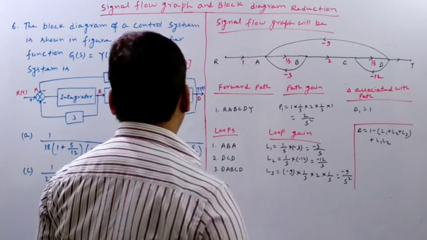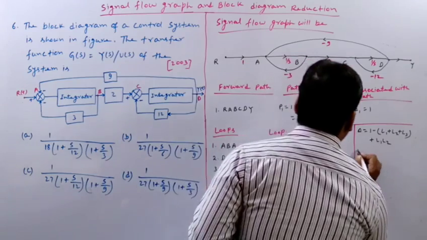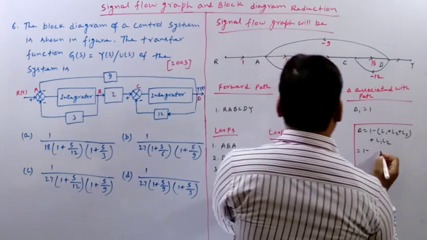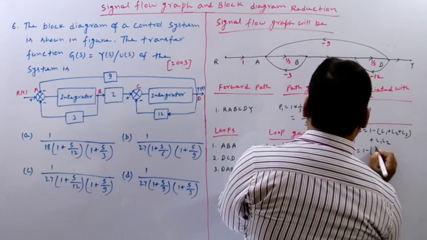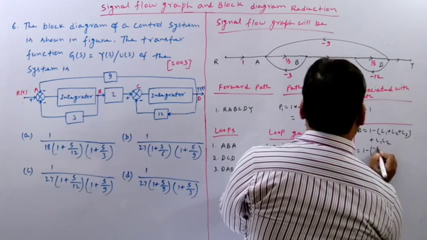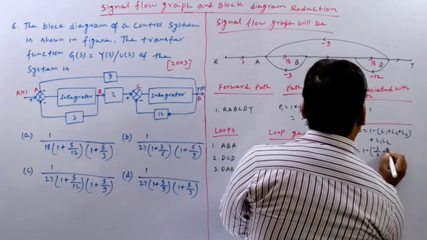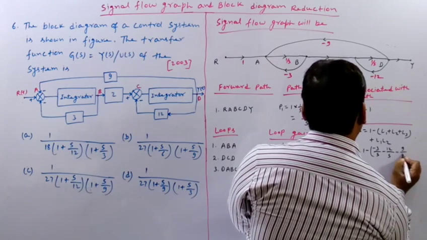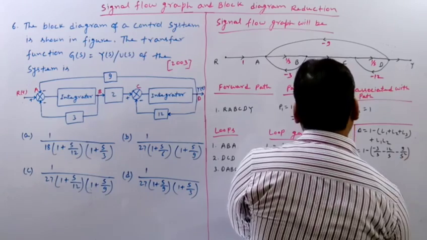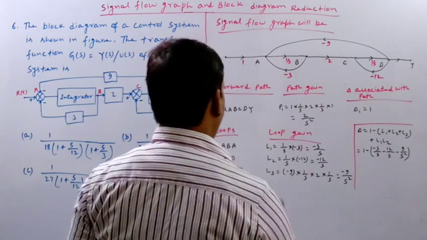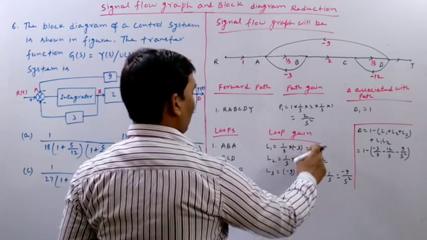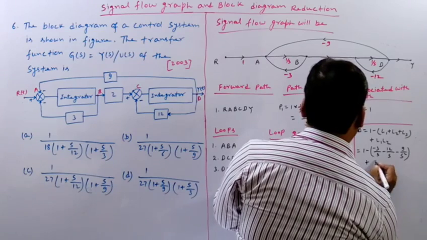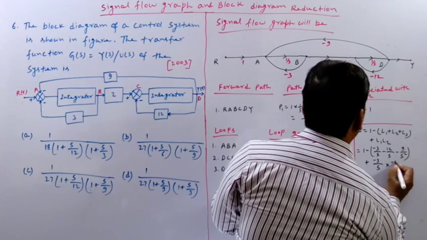So now what will be the value of delta? The value of delta will be 1 minus, what is L1? L1 is minus 3 by s. L2 is minus 12 by s. L3 is minus 9 by s square. And what is L1 multiplied by L2? L1 multiplied by L2 is plus minus 3 by s into minus 12 by s.